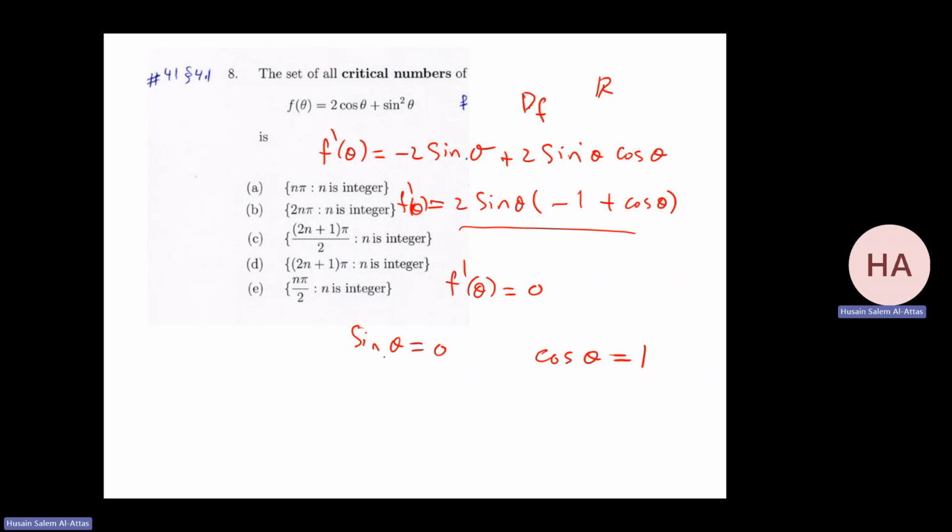When sine equals 0, I have 0, pi, 2 pi, 3 pi, and so on, also the negative side, minus 2 pi and so on, which is n pi, where n is an integer.